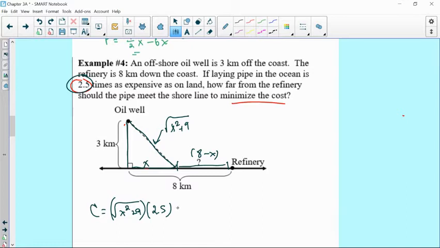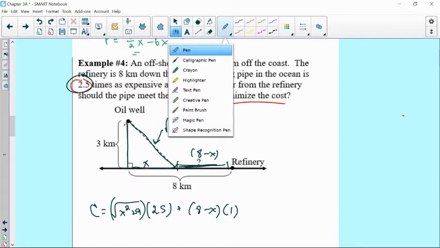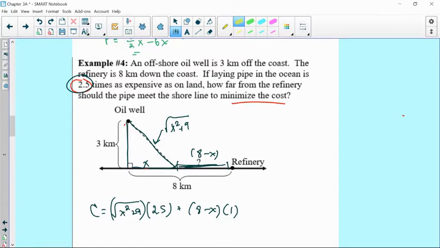Then the distance on land is 8 minus x, times its cost of 1. Again, it doesn't matter; we could say it's $1 for all we care, as long as whatever you pick, you pick this to be 2.5 times greater. So that represents a cost function in terms of x, where I'm going to put that particular spot.